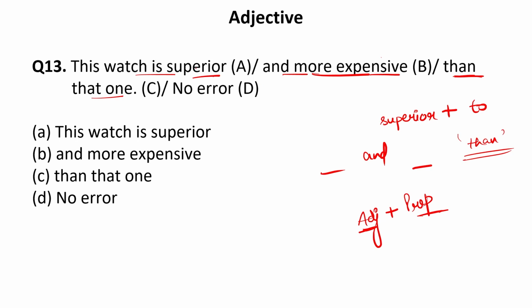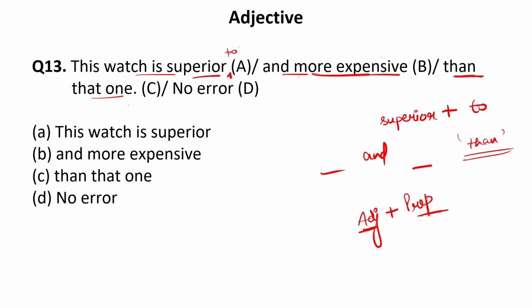But with superior, if I have not written to after it, it means superior is also joined with than, which is incorrect. Therefore, we need to add to after the word superior. So the correct sentence will be, this watch is superior to and more expensive than that one.